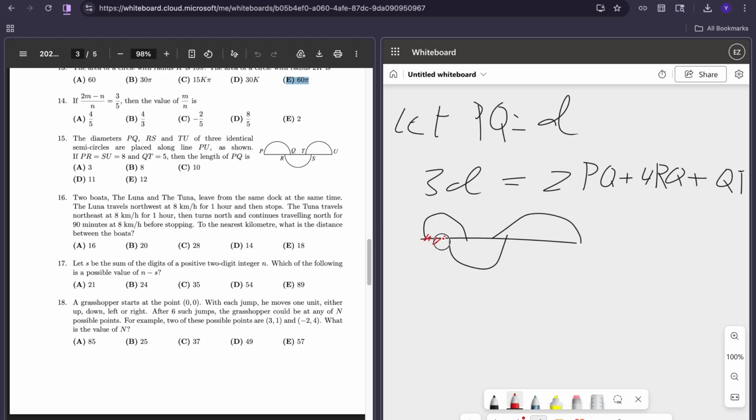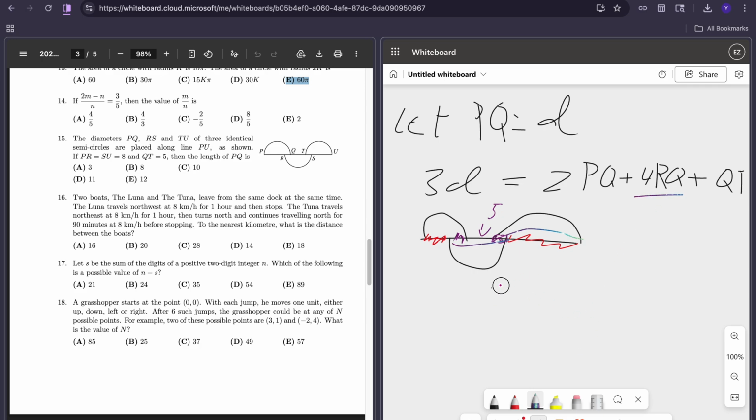This section and this section are the same, and this section and this section are identical, and this part is 5. If we count 3 diameters, 1, 2, and 3, we count this small area 4 times, so 4 RQ.